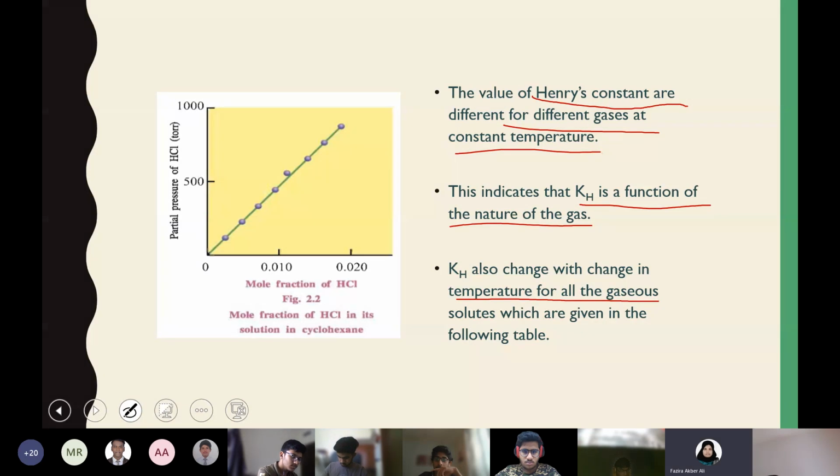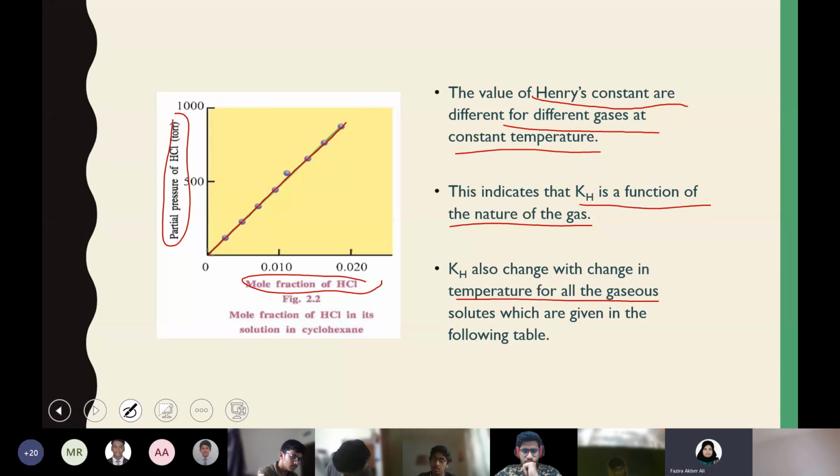When you look at the graph, it is showing the relation when Henry's law is satisfied. Here the mole fraction of HCl is plotted on the x-axis, and the partial pressure of HCl is plotted on the y-axis. You can see you're getting a straight line graph through the origin. This is the graph you're supposed to get whenever two factors are directly proportional.